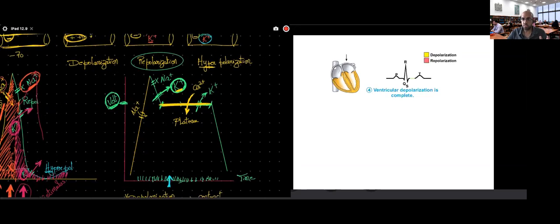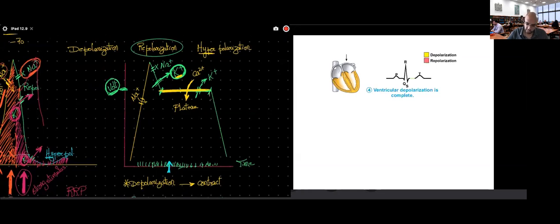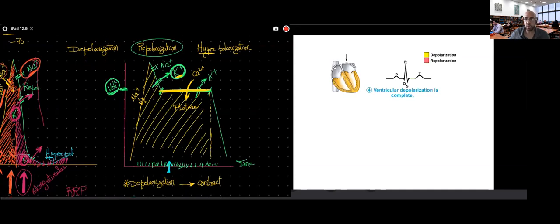And why in the heart cells, in the cardiac muscle cells, do I have a plateau phase? To increase the time here during which the cardiac muscle cells are not responding to any stimulus. Why? To make sure that this cardiac muscle cell did have enough time to relax, because you need to relax to refill.